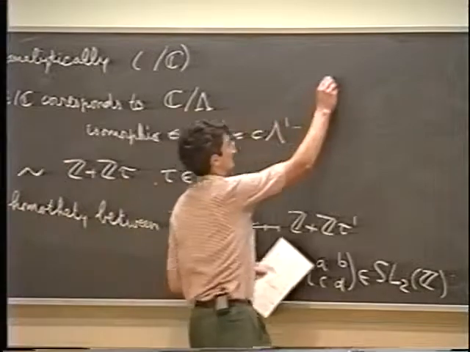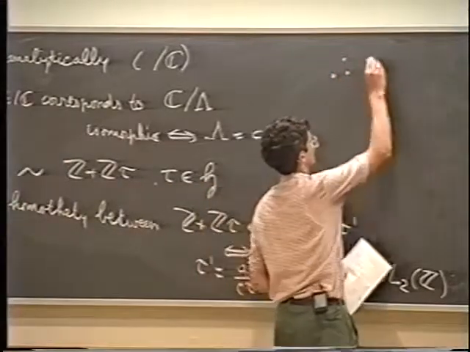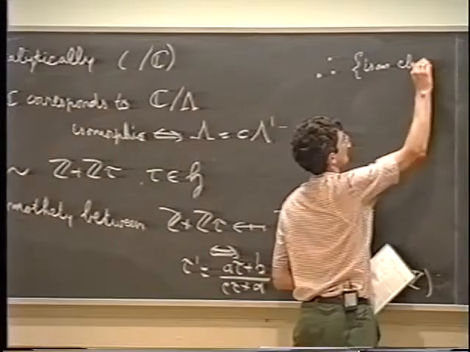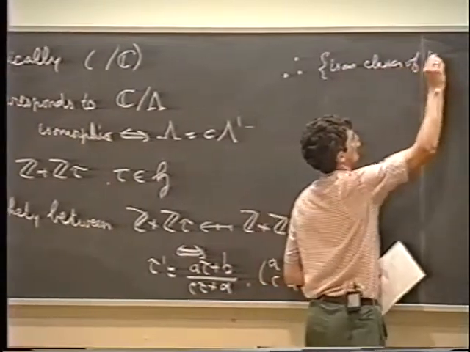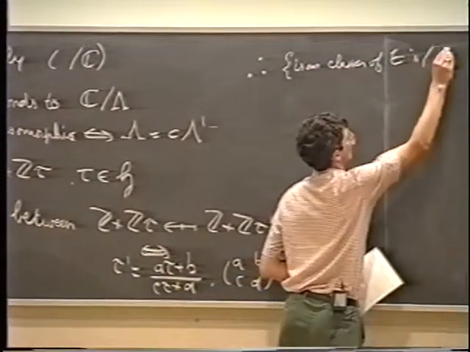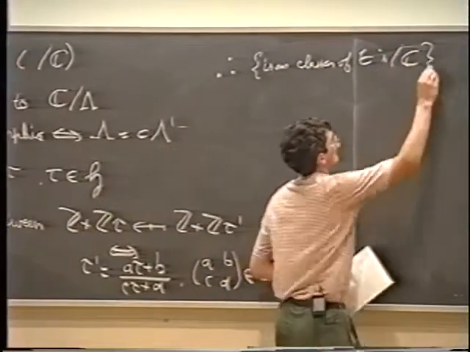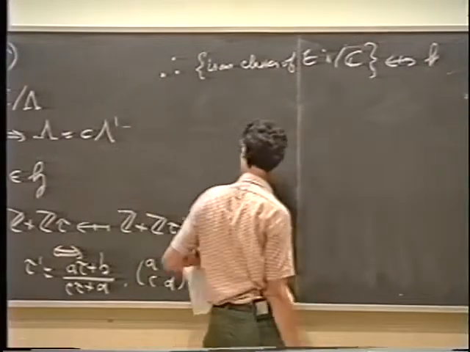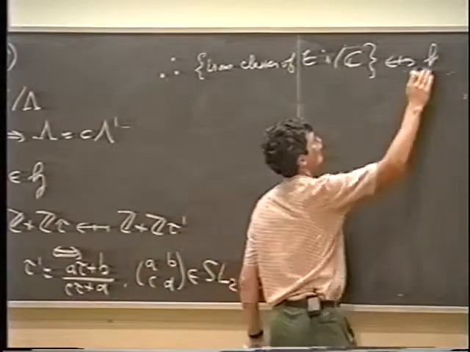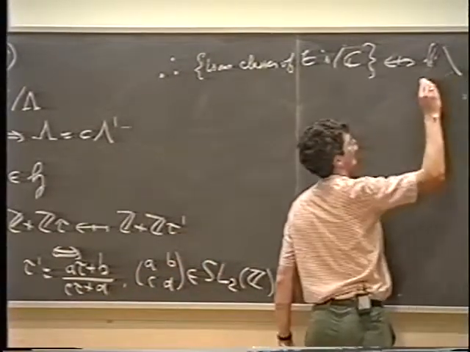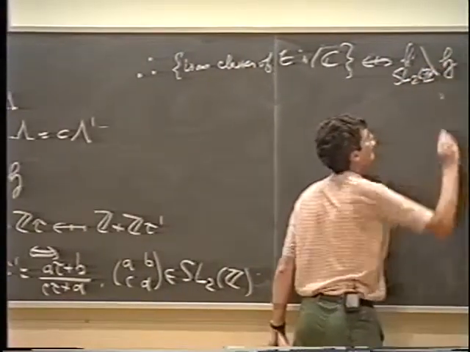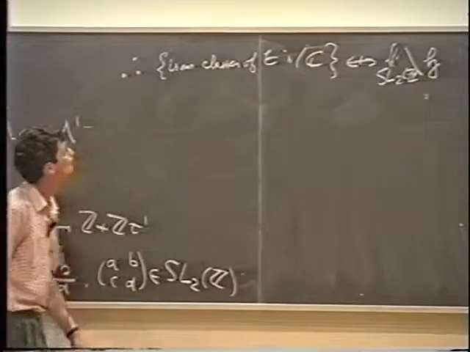So what we see from this is that isomorphism classes of E's over C are in one-to-one correspondence with, well, this action is probably on the left, so I have to put this SL2Z here, to this.